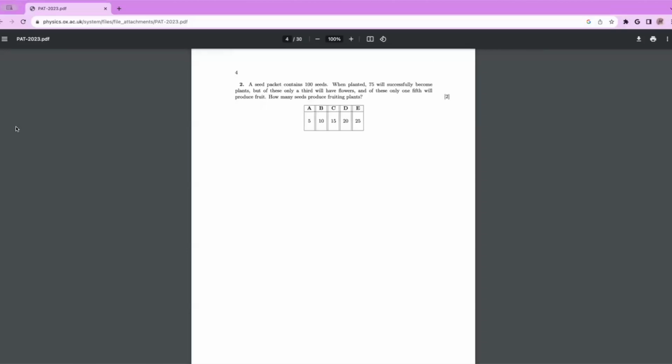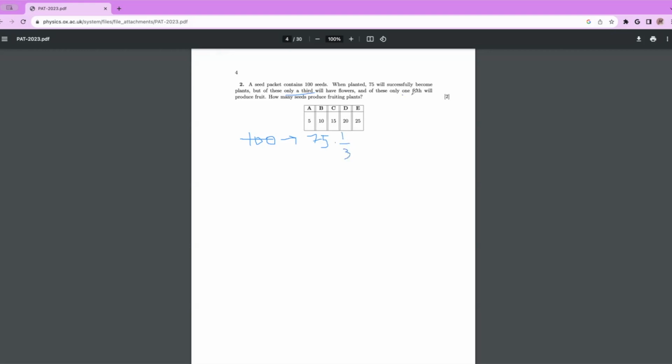So in this problem, it gives us that there's 100 seeds, but it doesn't really matter because they say that only 75 will successfully become plants, so the other 25 don't matter. And now it says only a third will have flowers. So to find the number of seeds that have flowers, we multiply it by a third.